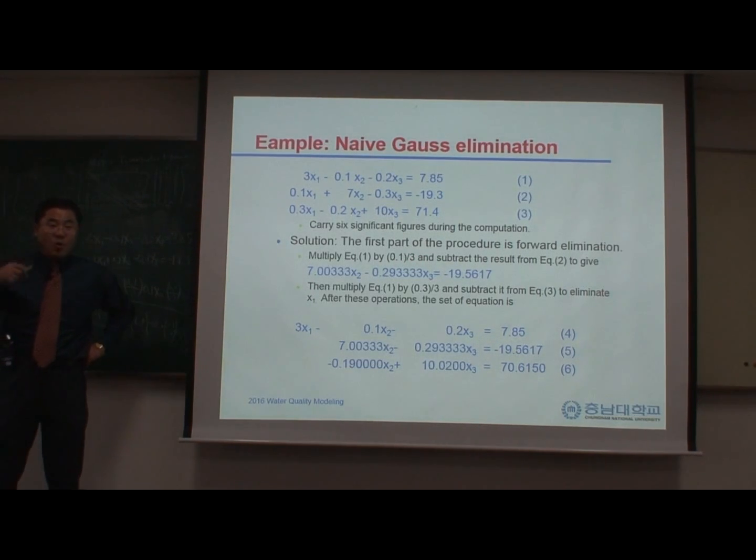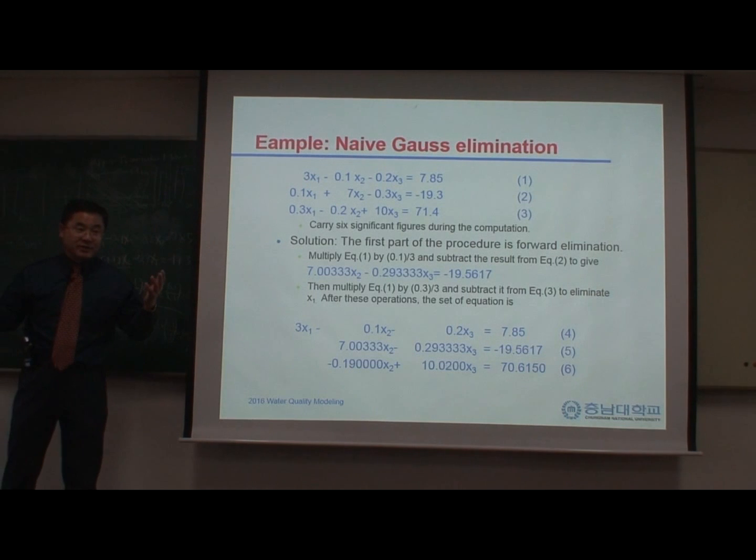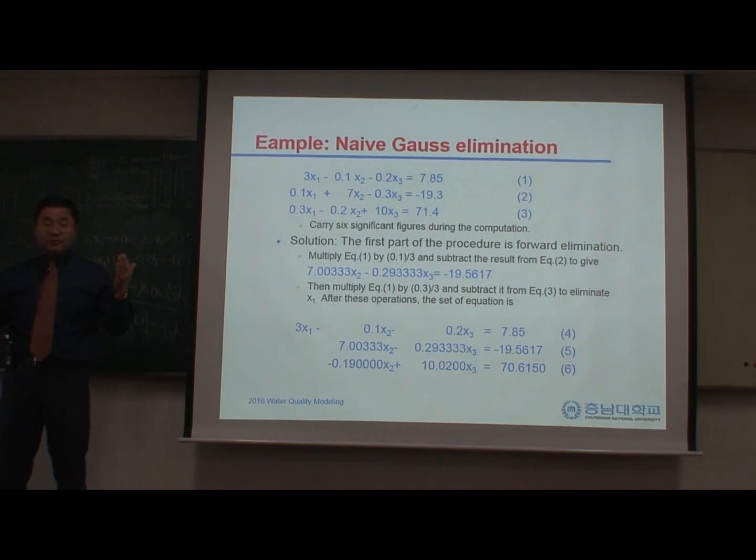There is no way we can calculate the coefficient if this is 0, right? So this one cannot be 0, but sometimes this can be 0. We don't know. It's possible, right? In this case, what do you need to do? Flip it over. Change the order.